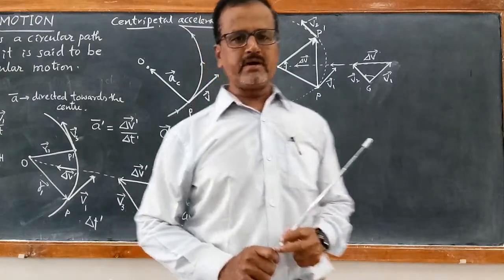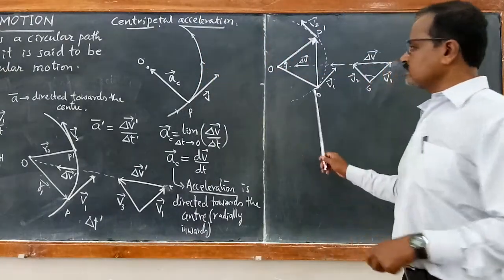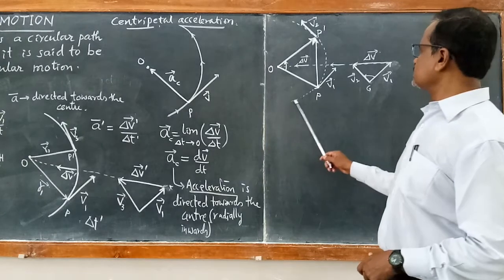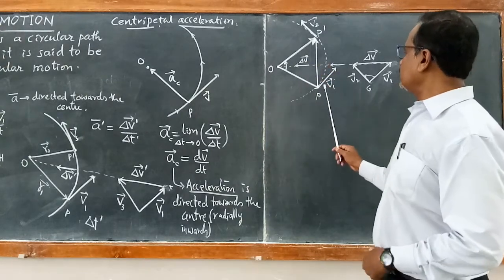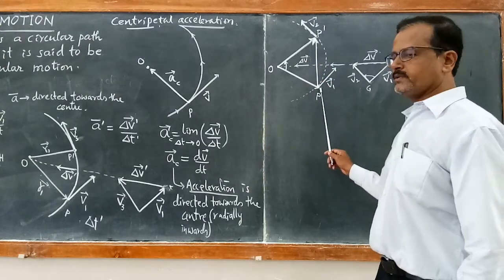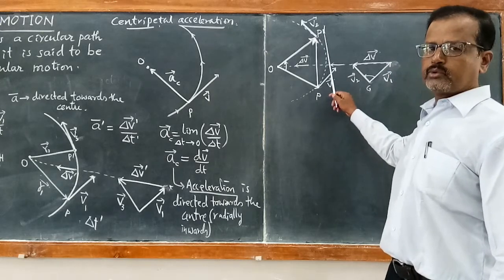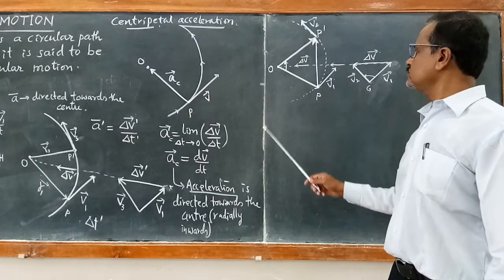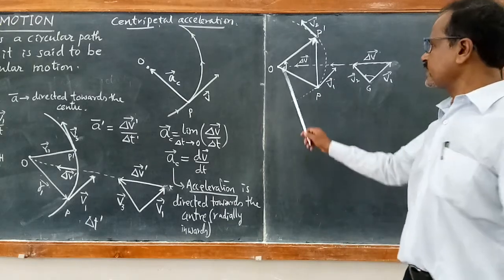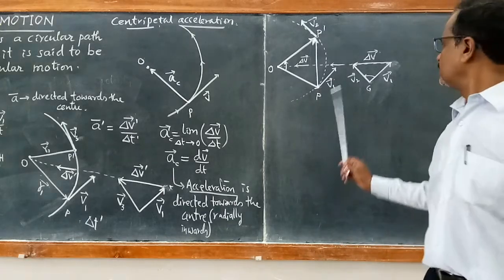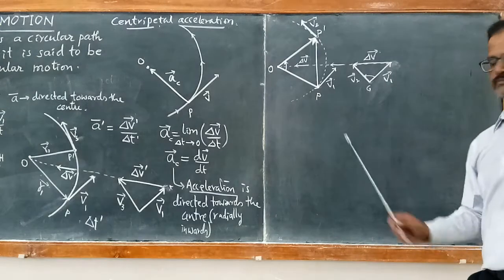To find the magnitude of this acceleration, I have drawn the same diagram once again. This is the circular path, and here is the initial velocity vector v1 at point P, final velocity vector v2 at point P dash, and O is the center. And this is the velocity diagram.